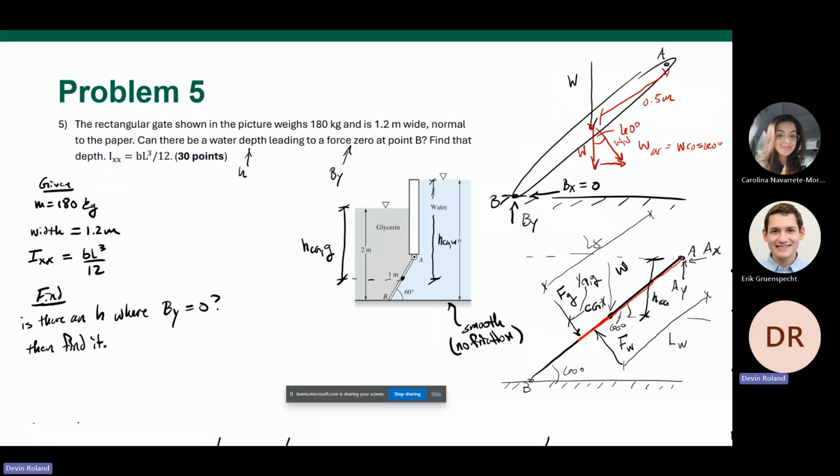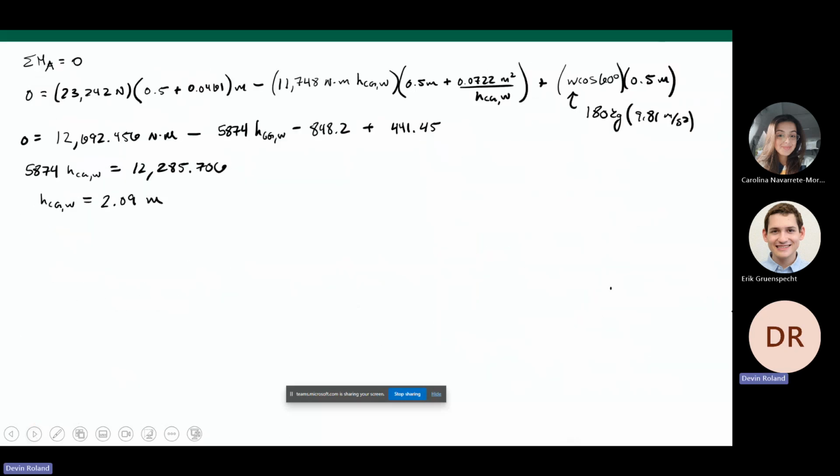And so we need to know what this extra little bit here is. What is that guy? So that is just going to be that 0.5 sine of 60 value again. So yeah, half the rod sine 60, right?